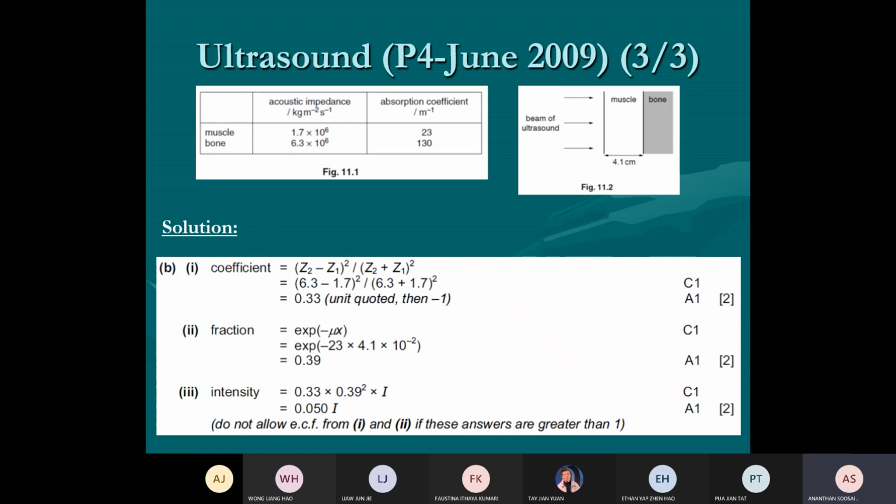Preferably go for mu. Writing K is also not wrong, but negative mu x. Mu is the absorption coefficient. Don't mix up absorption coefficient, reflection, acoustic impedance, and reflection coefficient. Okay, so that is the first level. I hope you got the answers.